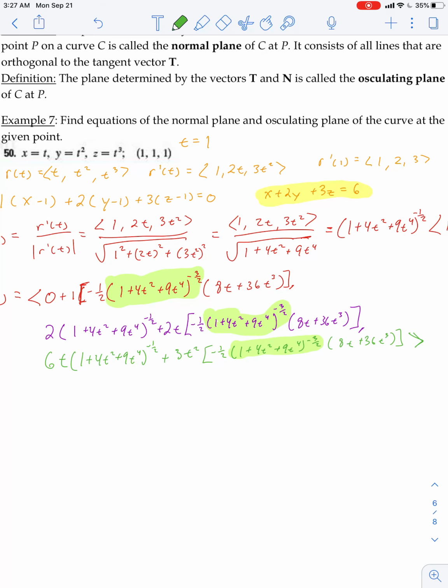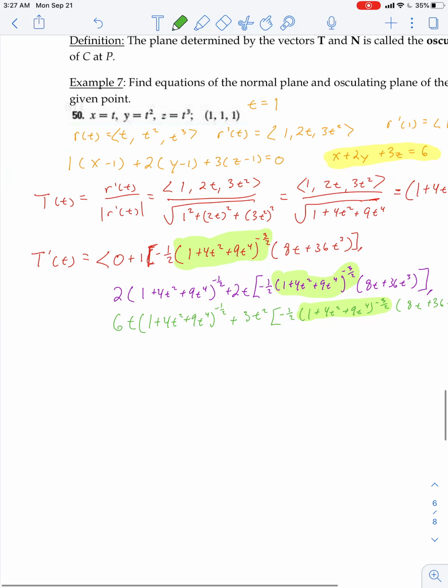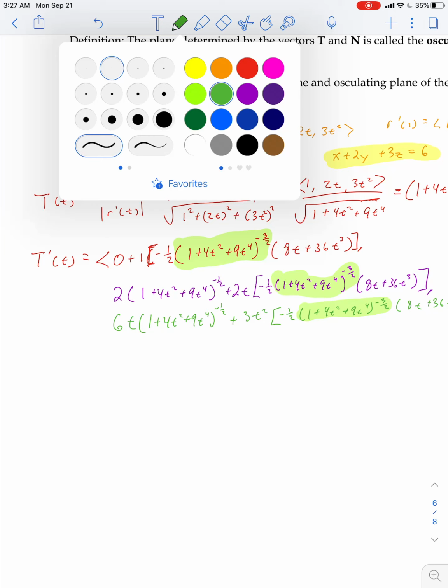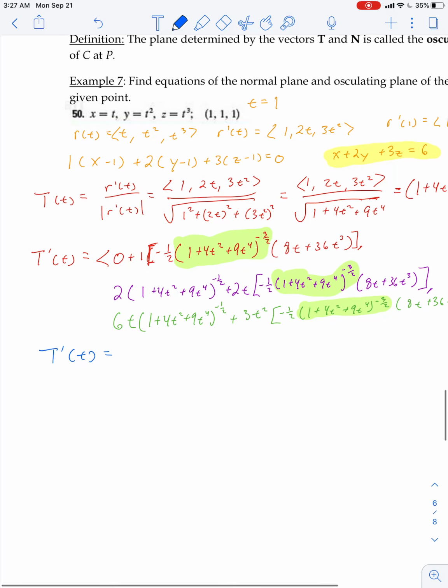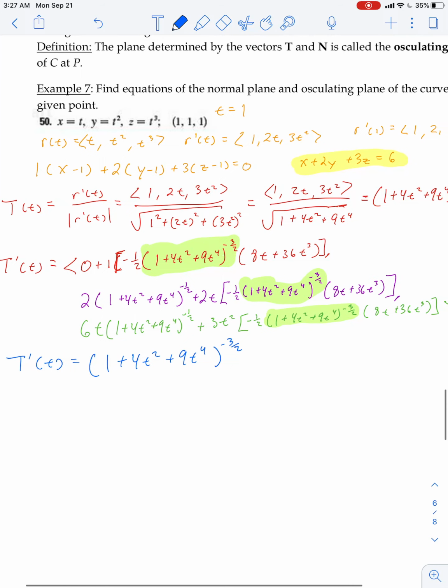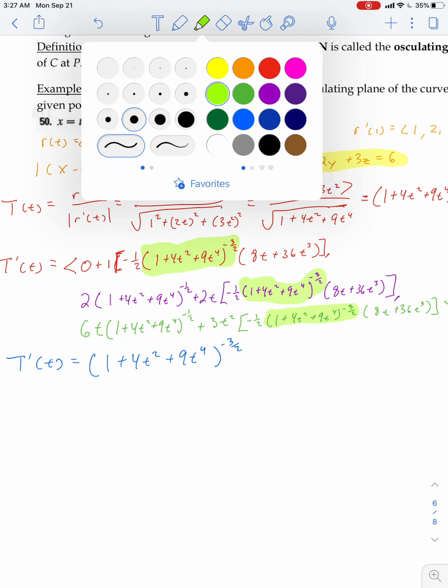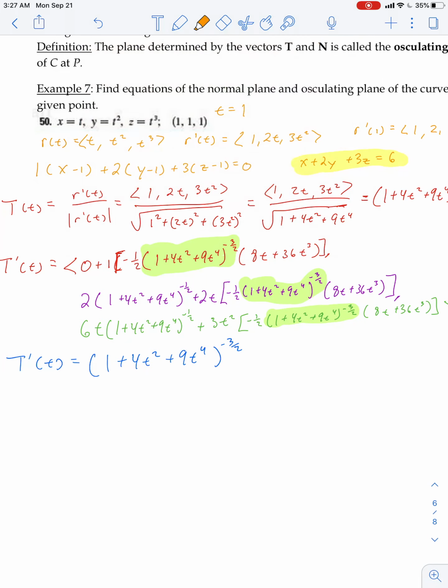And so because I have that, I'm going to pull all that out. I'm going to pull out (1 + 4t² + 9t⁴)^(-3/2).